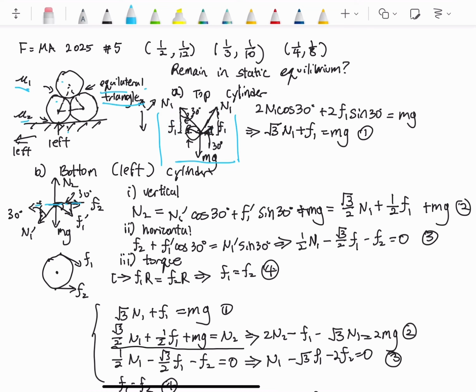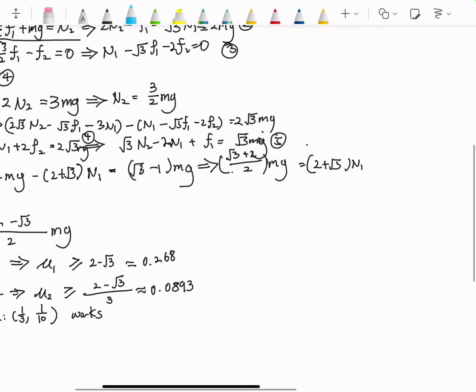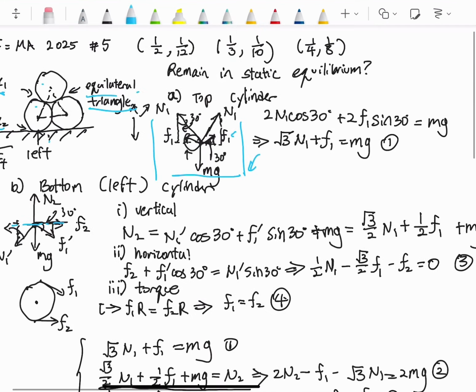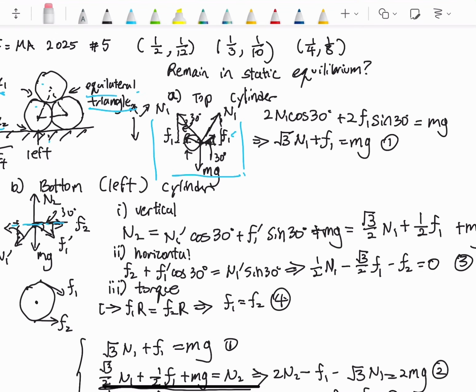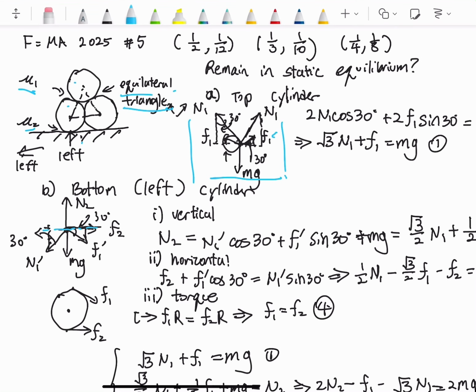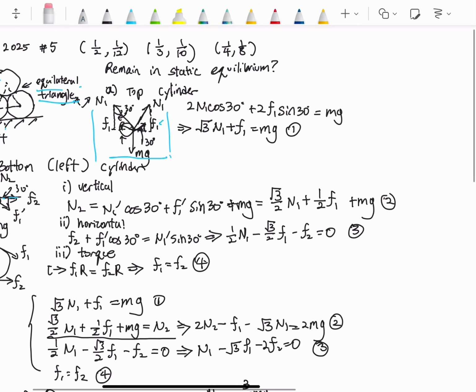These are the friction between the top and bottom cylinders, and the frictional force acts this way instead of down because the top cylinder has a tendency to slide downwards, so the frictional force opposes that motion, and thus the static friction will act toward the top. And so from this free body diagram, we get this equation right here.